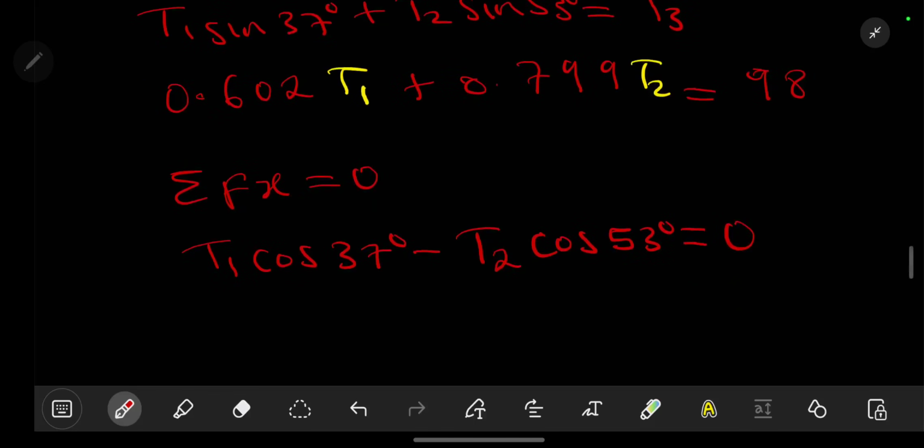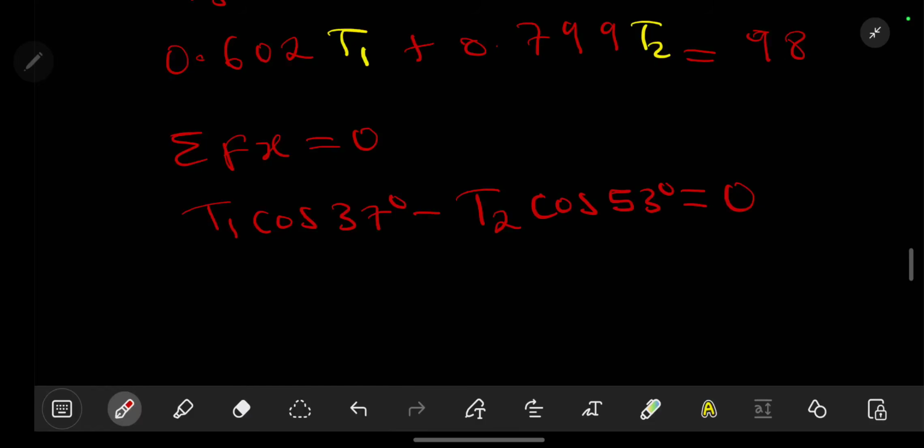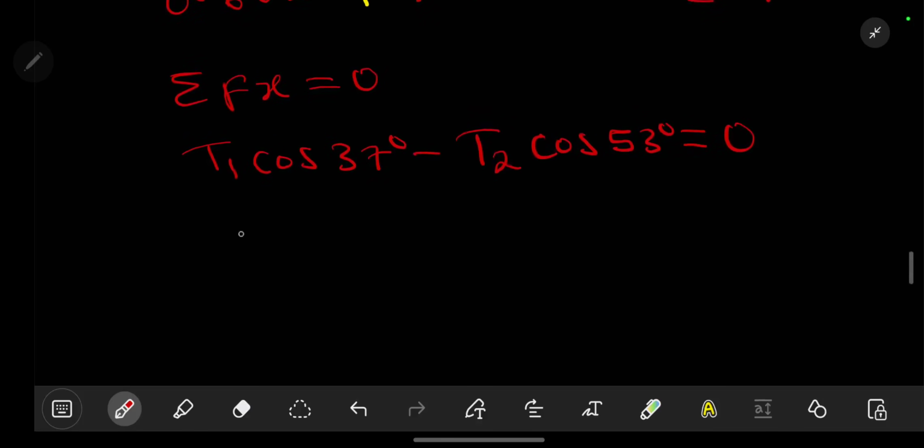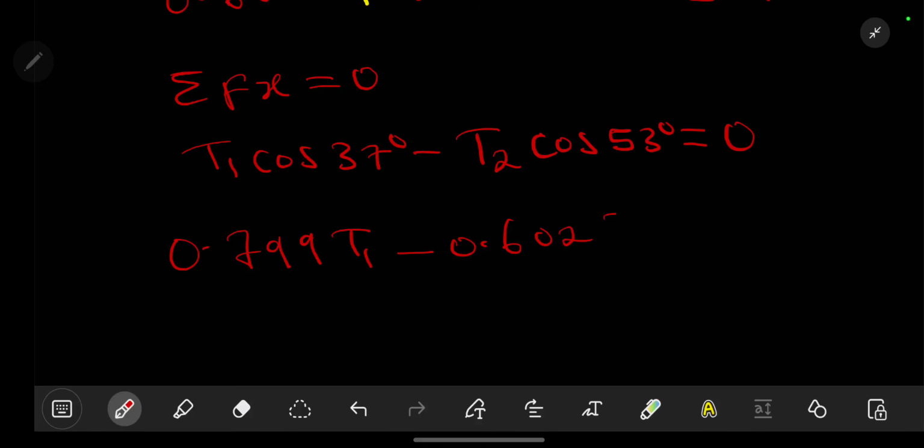Then what we are going to do is evaluate the values. So the cos of 37 gives us a value of 0.799 T1. Then we have minus cos of 53, which gives us a value of 0.602 T2, should be equal to 0.